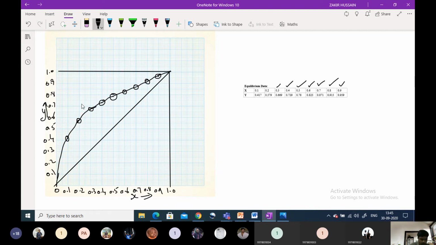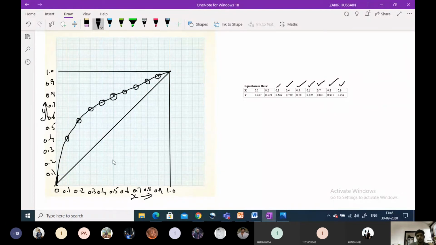So now we can call this the equilibrium curve.